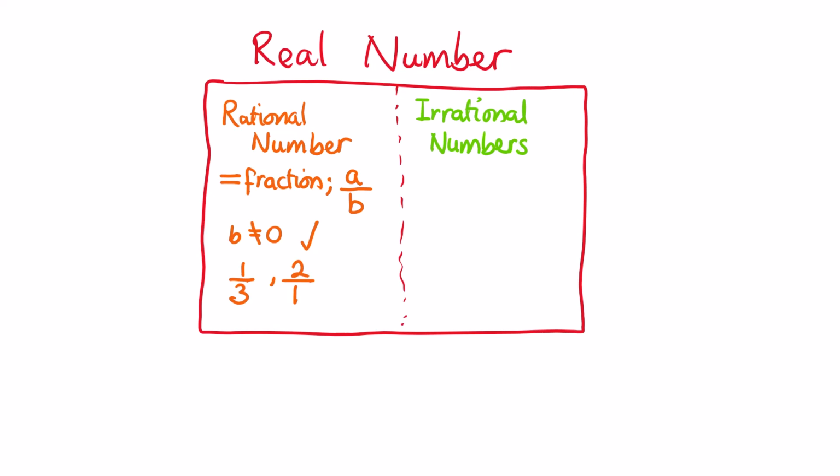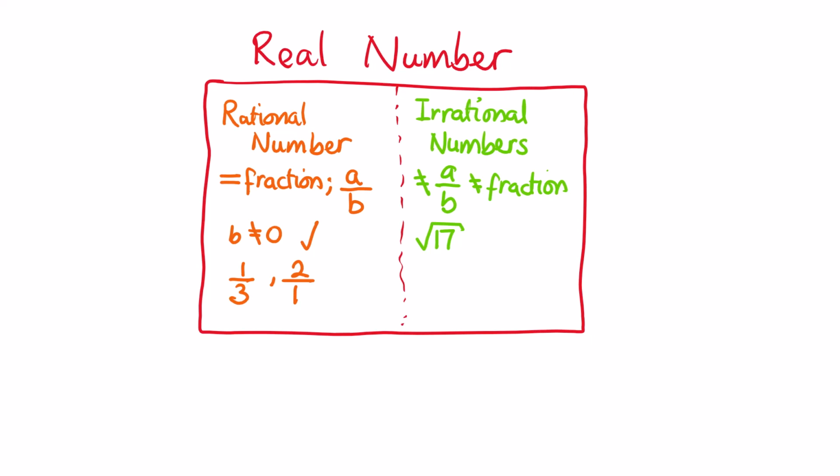Now, on the other hand, irrational numbers cannot be written as an integer over another integer. And what does that mean? Not a fraction. This applies to all imperfect squares, like for example the square root of 17.